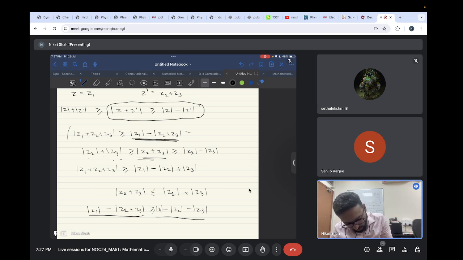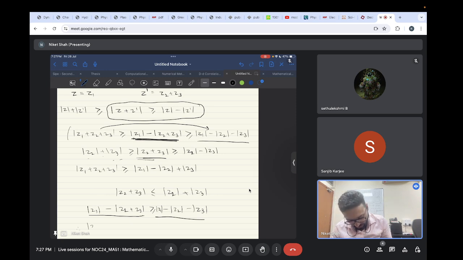So basically this expression is always greater than or equal to mod Z1 minus mod Z2 minus mod Z3. So what we have established is this also will always be greater than this.